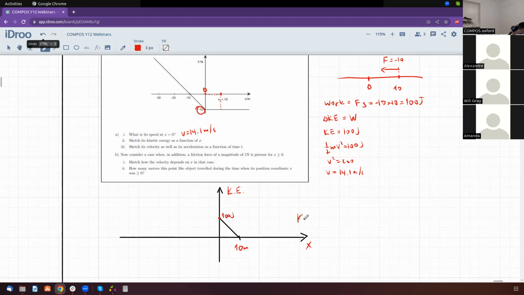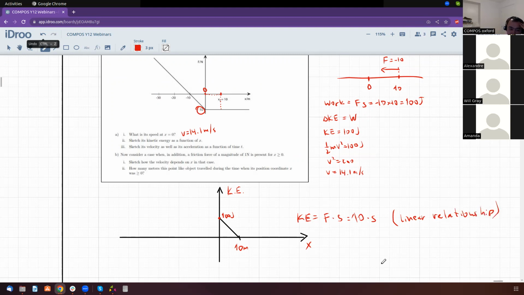So the kinetic energy is equal to force times distance. Force is 10, and the displacement is s. So it's a linear relationship.